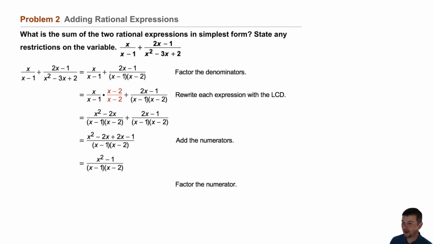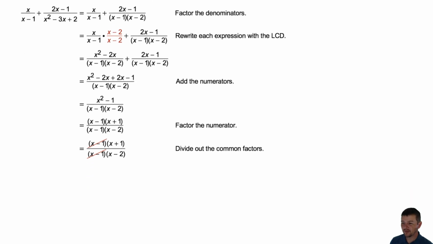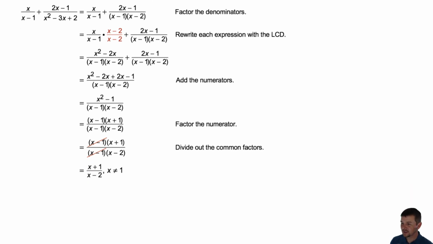We want both the numerator and denominator in their fully factored forms so that we can reduce, if possible, and simplify our expression. The numerator, a difference of squares, factors nicely as x minus 1 times x plus 1. And note, now we have an x minus 1 factor in both the numerator and denominator, so we can divide out those common factors, and we're left with the simplified version of the expression, x plus 1 over x minus 2.